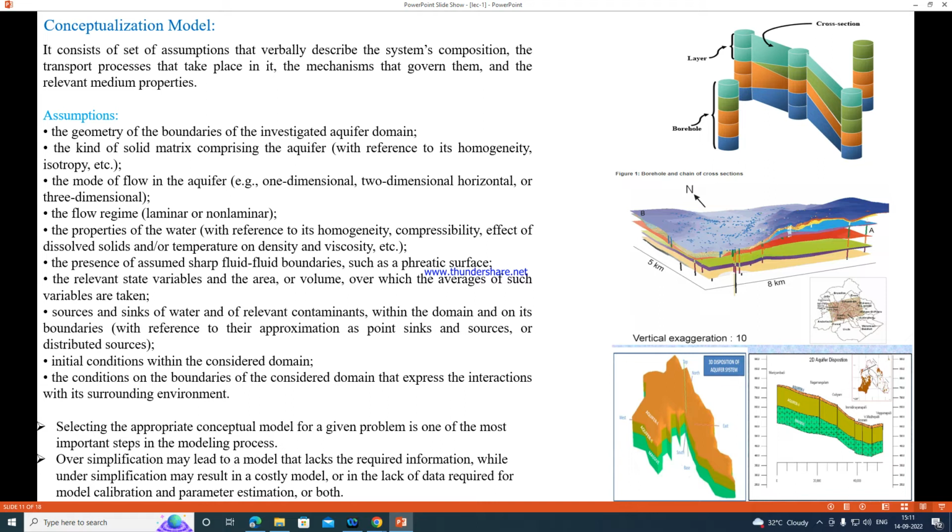It is a very important step, and it is the heart of the groundwater flow model. We should be very accurate in this conceptualization. If your conceptualization model is wrong, then your total groundwater flow model will be wrong. So you should consider the conceptualization model very strictly.